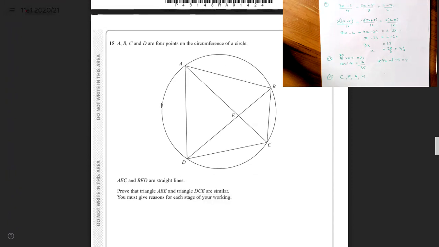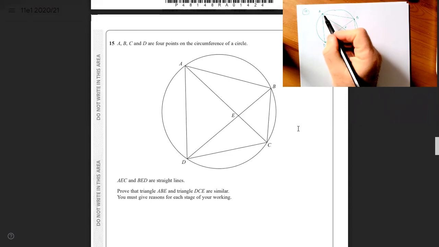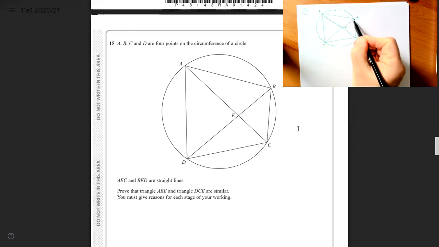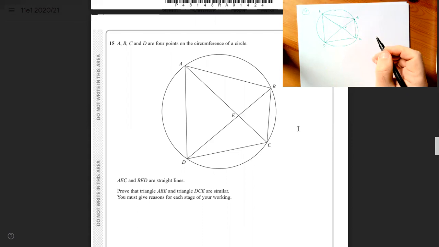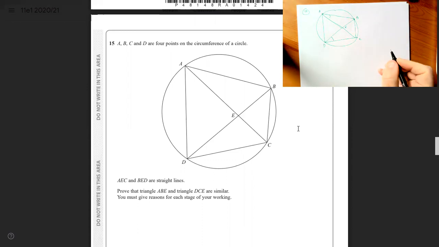Okay, circle theorems question, but we've got to do a proof. So I've got to prove that this triangle ABE is similar to triangle DCE. So I've got to prove that that angle there is the same as that angle there to start with.